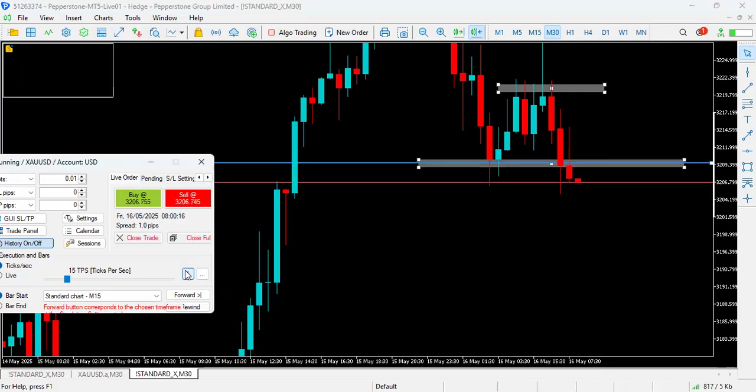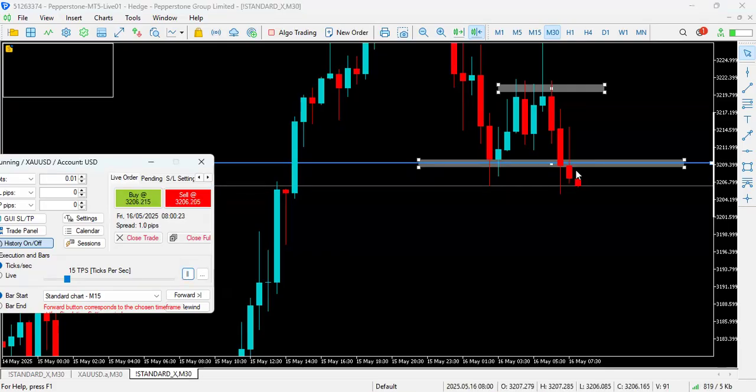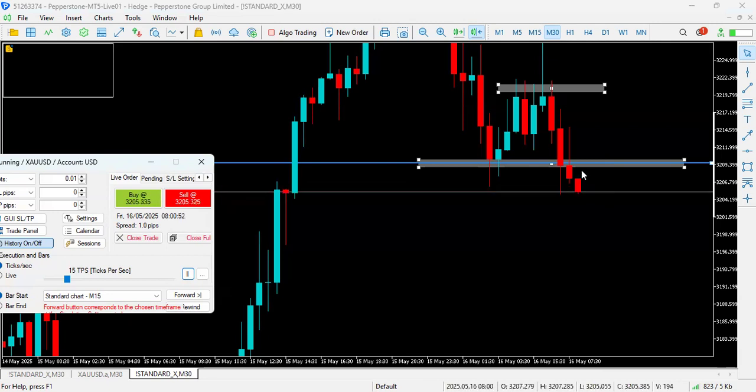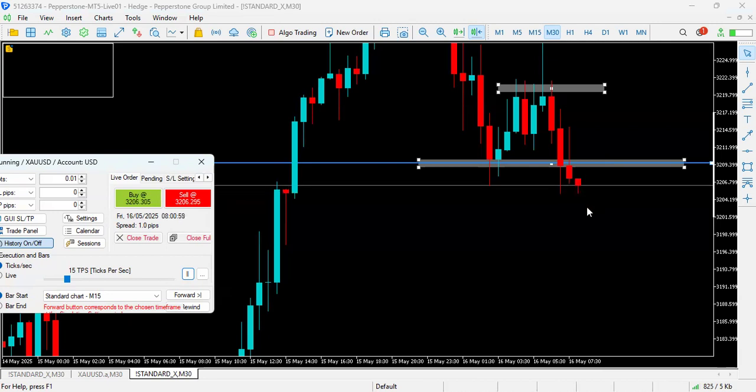So we need to wait for the candle to create a wick at first. No worry to execute the trade at this point. Need to wake up, create a wick, and then we can go for a sell. Definitely need to wait for the candle to create a wick at first.